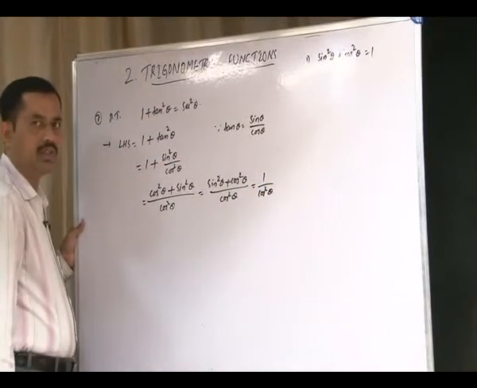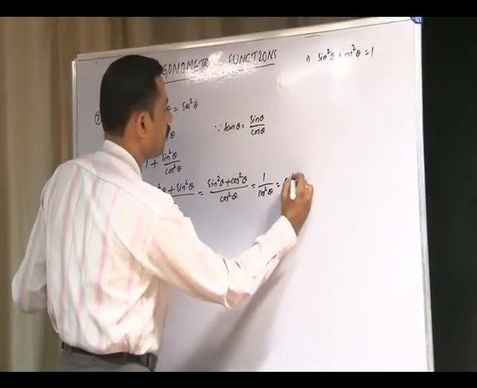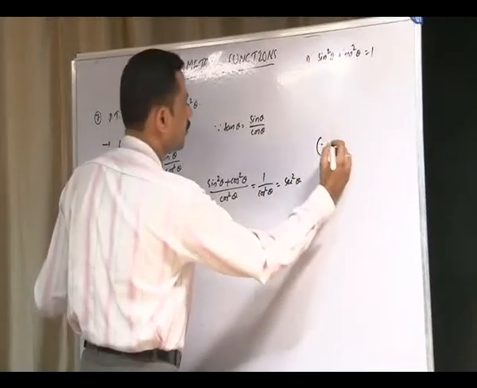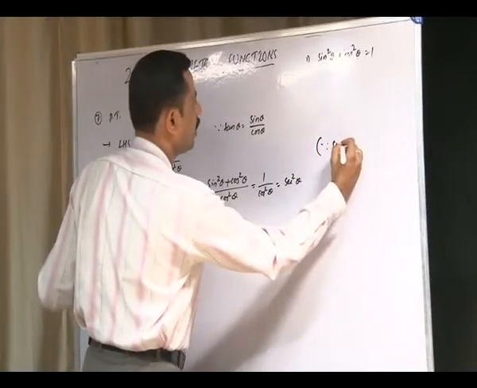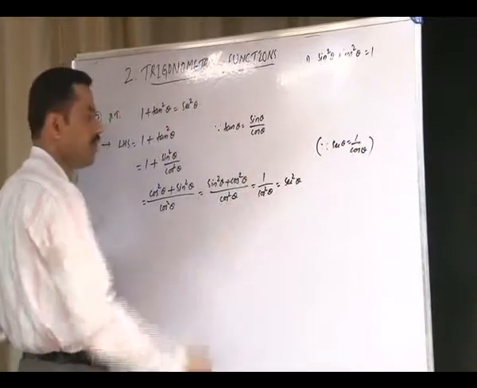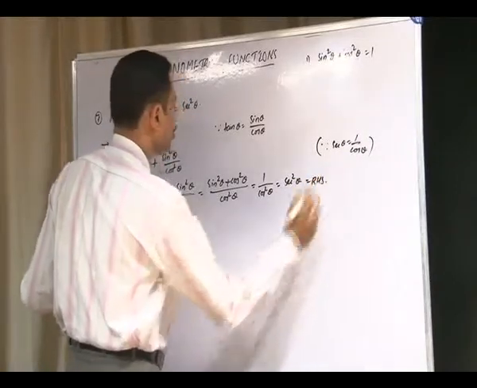So, 1 over cos square theta is nothing but secant square theta according to reciprocal relation, since we know that secant theta is equal to 1 by cos theta. Therefore, 1 by cos square theta can be written as secant square theta, and that is nothing but right hand side here.